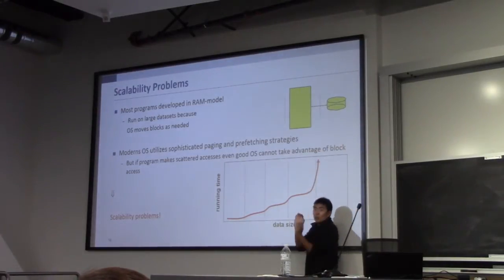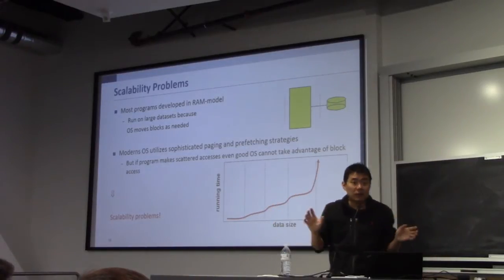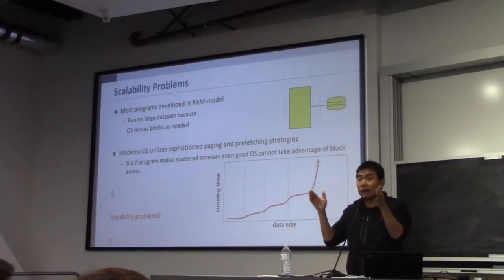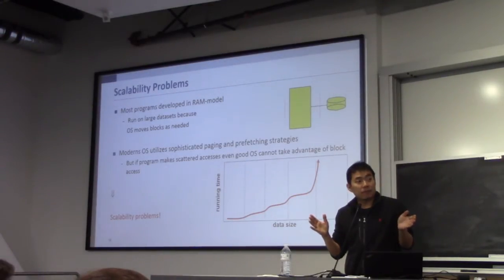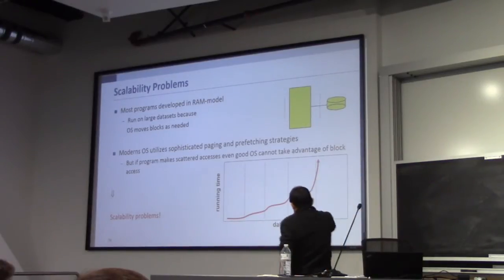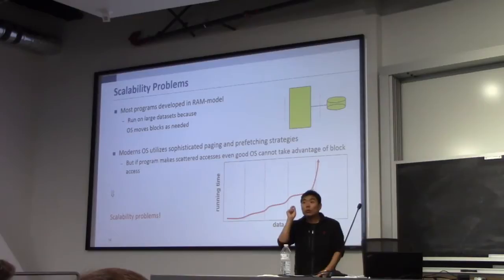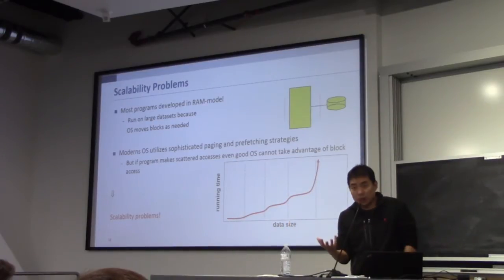So before this, we are assuming all the data are pre-fetched into the memory, and they are loaded into your memory space in your RAM. After that point, this is when your memory is not big enough to hold all the data you want.